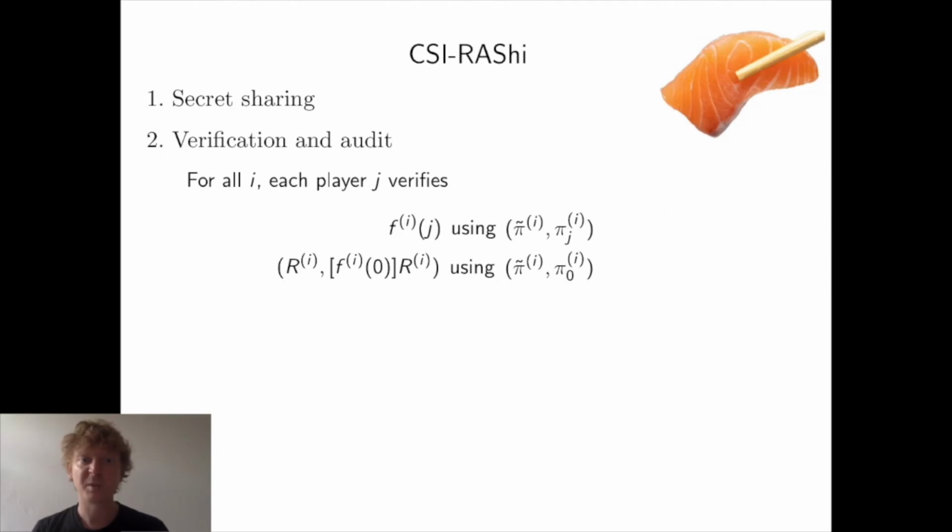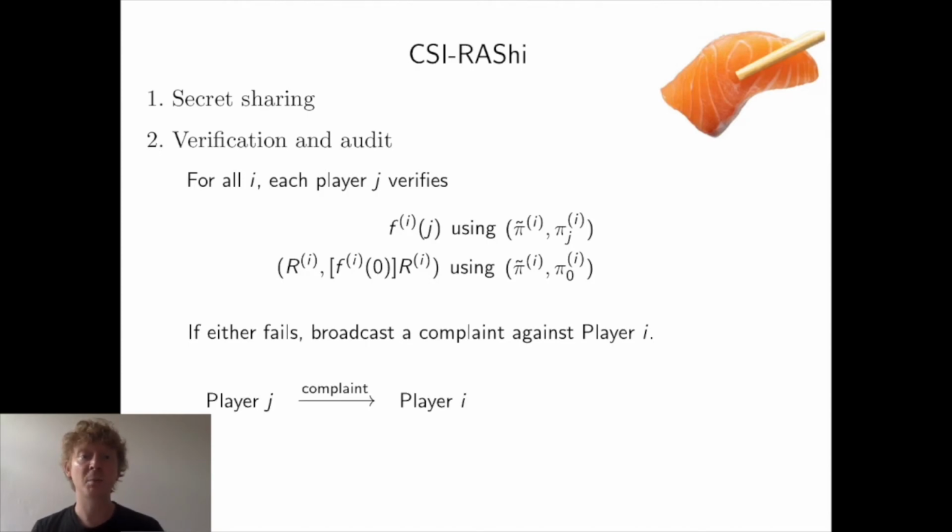If a proof of a specific player successfully finishes, then the other players know that they all hold a share of the correct degree of the same polynomial interpolating to a given value. If, however, the proof or a part of it fails, players broadcast a complaint against the player that distributed the shares. Whenever a player receives a complaint, it has to clear its name by opening the commitment of the player that filed the complaint for everybody to see.